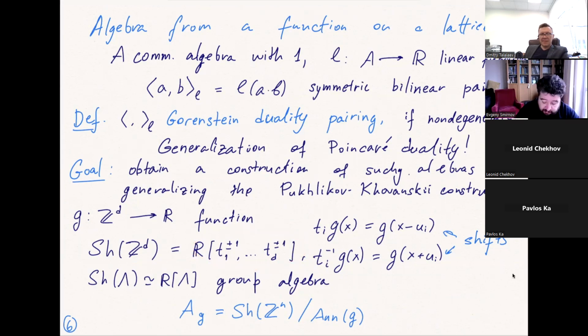For instance, if g is a constant, then I can shift it in an arbitrary direction and subtract it from the original function and get 0. So this means that my annihilator will be generated by something like 1 minus t_i to the power plus minus 1. Or if my function is, say, linear, I can shift it, subtract it from the original one, and get a constant, which I know how to annihilate.